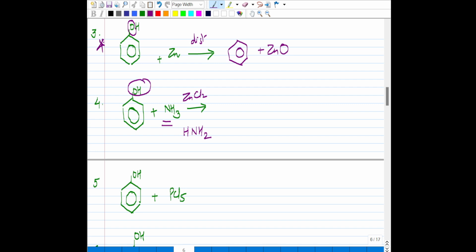OH from phenol and H from NH2 group is going to form what? Water. Very good. बहुत सही बताया आपने. And what do you get? You get benzene ring along with this NH2 group. So what is this? This is aniline. Again, this reaction is important, which is used for conversions.